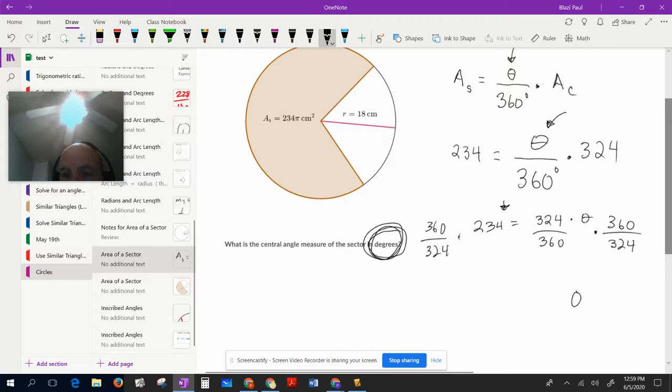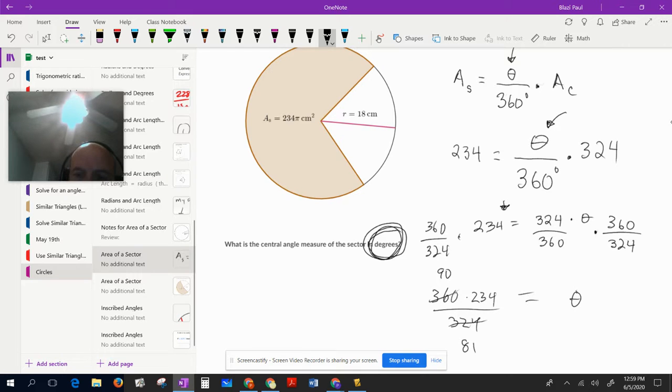So theta is going to equal 360 times 234 over 324. Now I'm just going to start canceling. Boom. These both divide by 4. So I'm going to make this 90, and I'm going to make this 81.